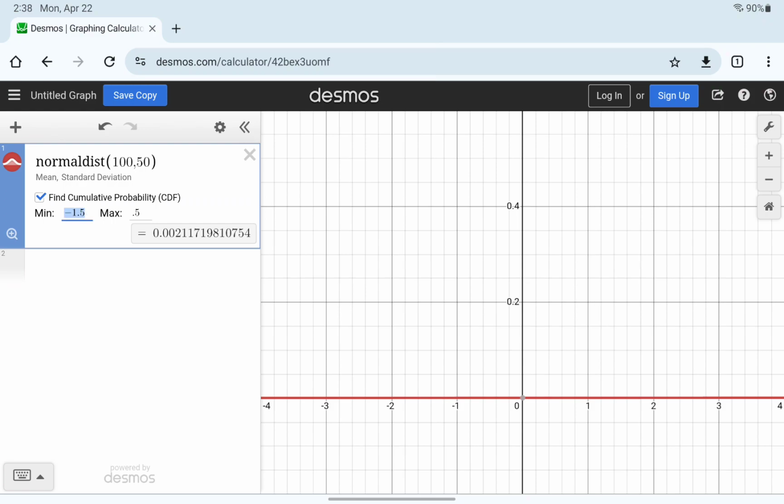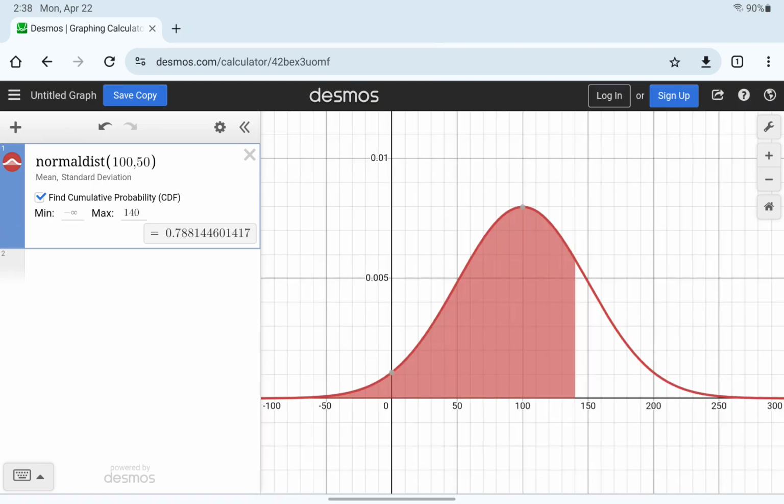To find the probability that x is less than 140, we'll enter in a maximum of 140, and we can click that magnifying glass to see a better picture. We're finding the area under the curve below 140, and we get a probability of 0.7881.